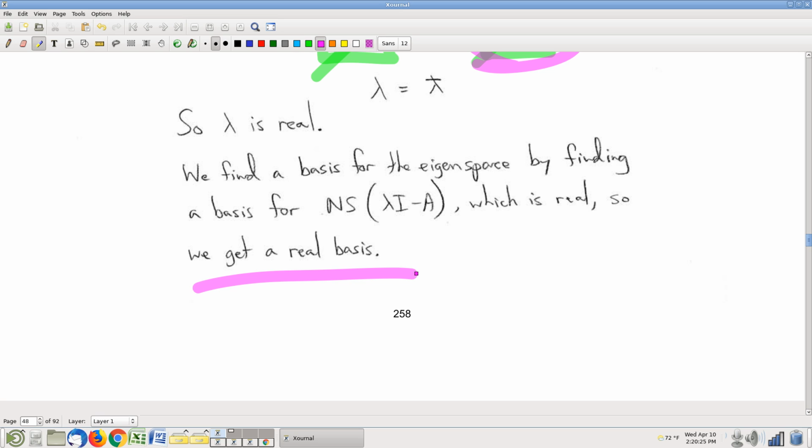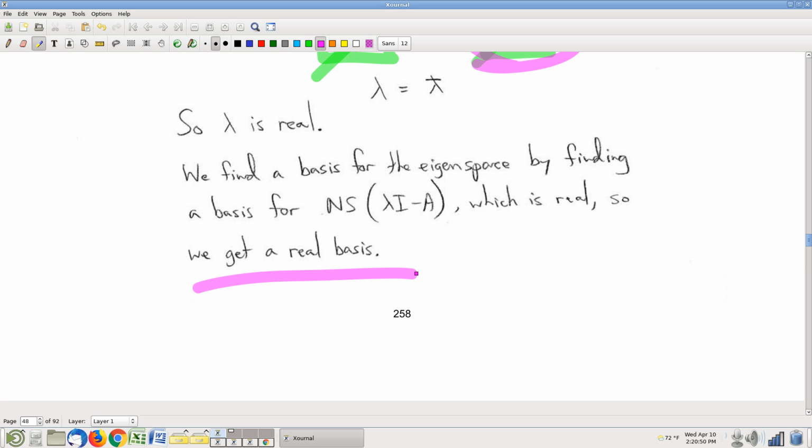Now, that's not quite the same as saying all the eigenvectors are real, but you can choose a basis for the eigenspace that is all real. It does remain that if you want, you can take one of these real eigenvectors and multiply it by a complex scalar. And now you have a complex eigenvector, so that's also fine.